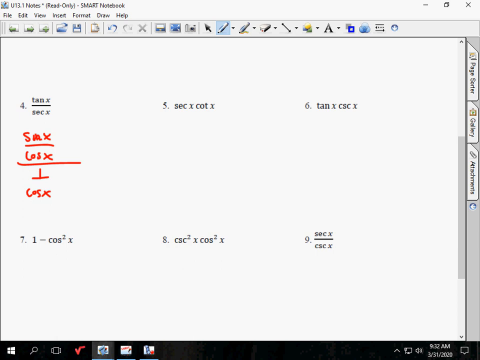I can write this horizontally instead: sine x over cosine x divided by 1 over cosine. Division of fractions, we change to multiplication and flip the right side. Oops, it's going to be cosine over 1. Then I could cross cancel.